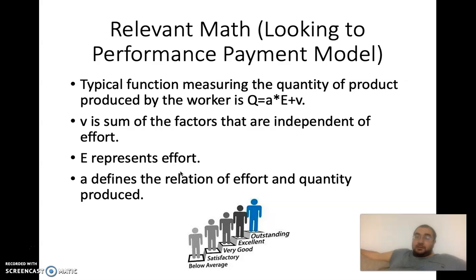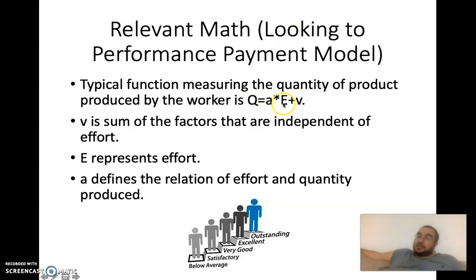The formula you see is a way to measure the productivity level or product produced by the workers. So V is independent factors, A is the effect of effort, and E is the effort level. In some cases, as I said, effort level is really correlated with quantity level.